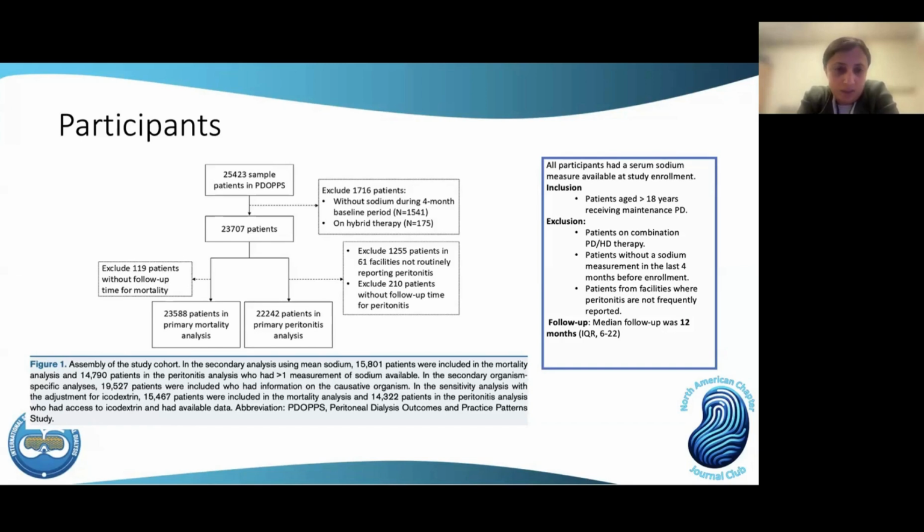They excluded patients from the facilities where peritonitis is not frequently reported or not properly reported. So in the end, they had 23,588 patients for the primary mortality analysis and 22,242 patients for primary peritonitis analysis. And the median follow-up time period was 12 months, between 6 to 22.